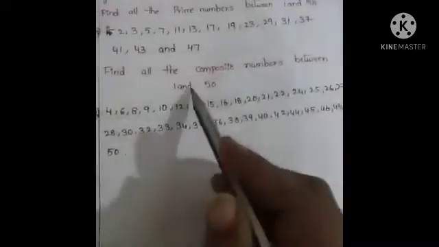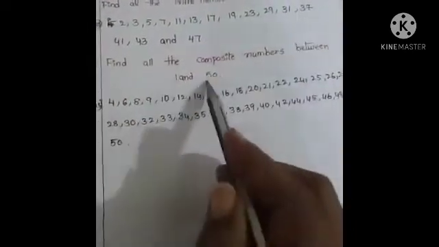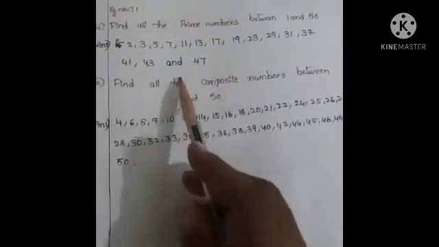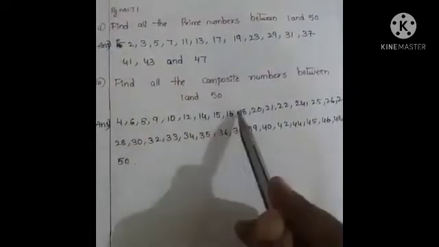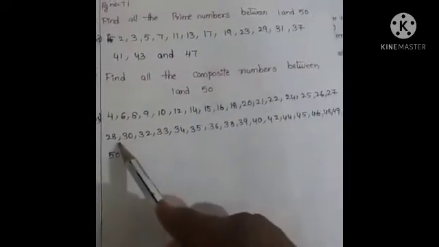Next, find all composite numbers between 1 and 50. Which are not prime numbers, that is composite numbers. Composite means more than 2 factors.